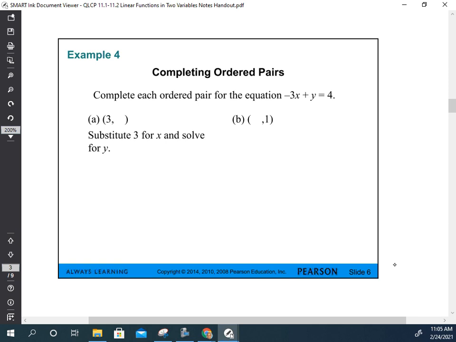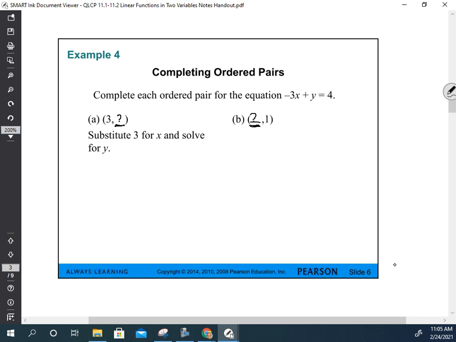So they could give you an ordered pair and tell you does it work. They could also give you an ordered pair with one of the numbers missing. So notice that in letter A, the 3 was given, the second number you don't know. Or the first number is missing, but the second one, you know.